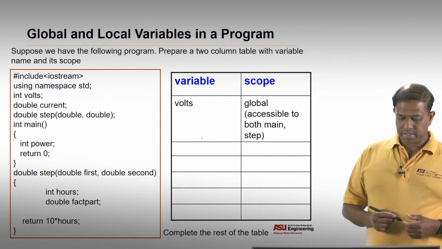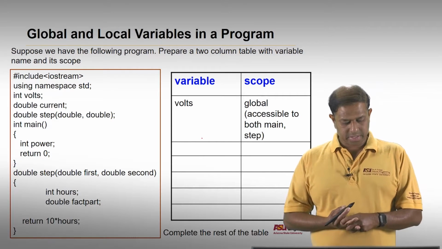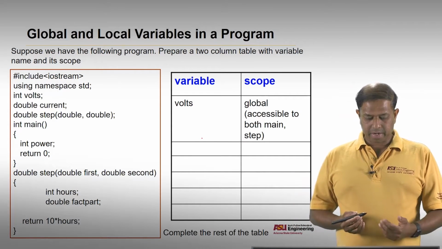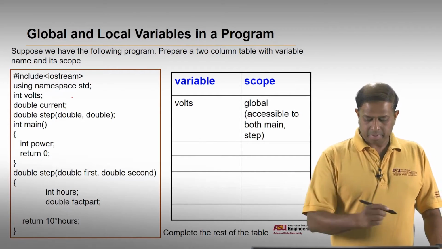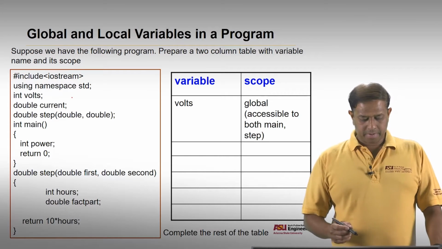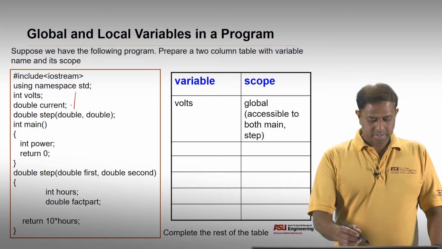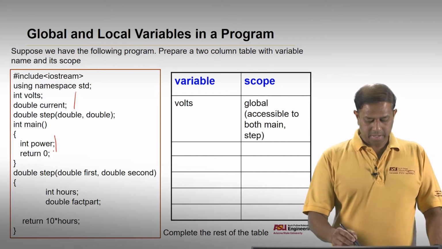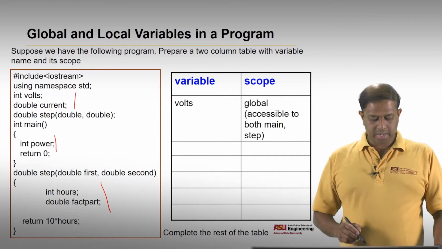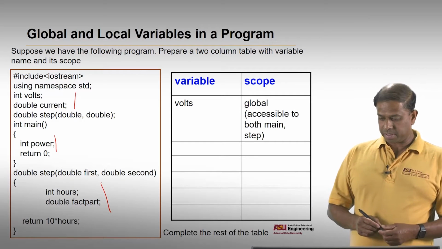So here is another quick example, and let's see whether we can identify the scope of these variables. Now we have several variables defined as global variables, some variables inside the main method, and some variables inside the step method.